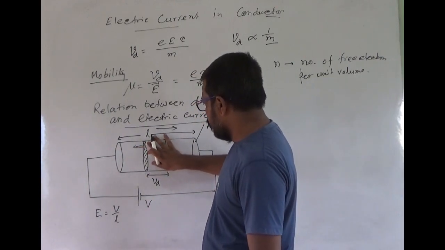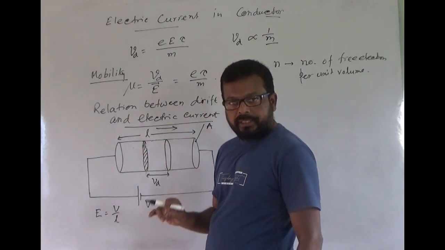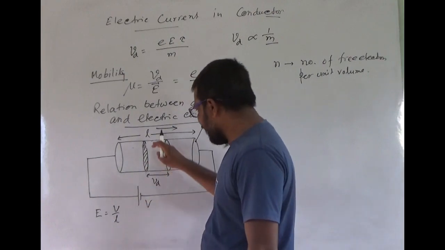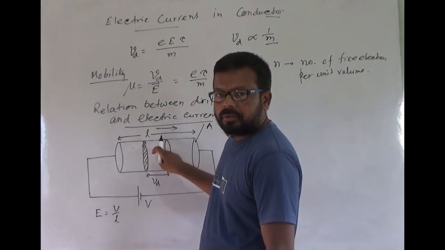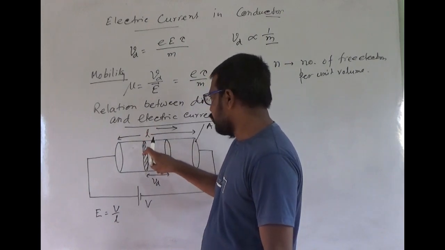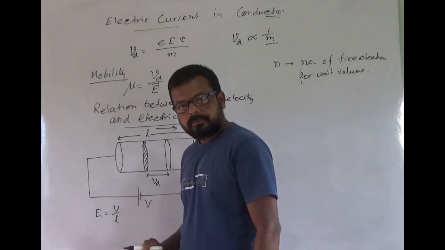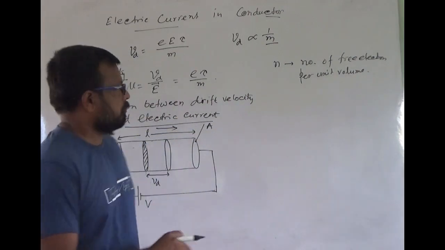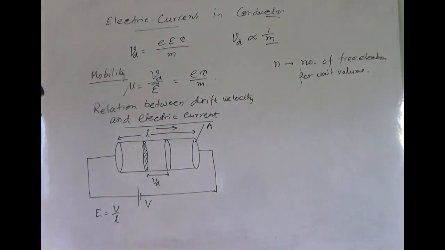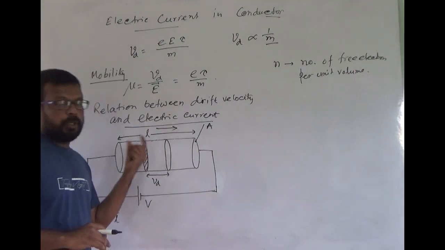So the free electrons which are inside this region will cross this cross-sectional area after 1 second. Now, what will be the number of free electrons inside this volume?